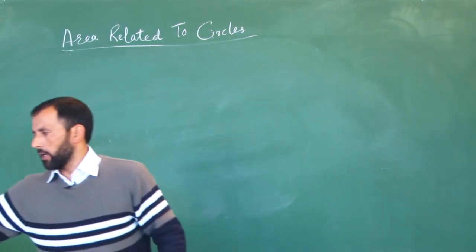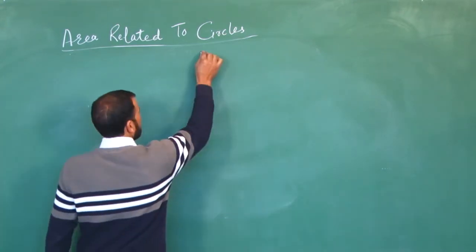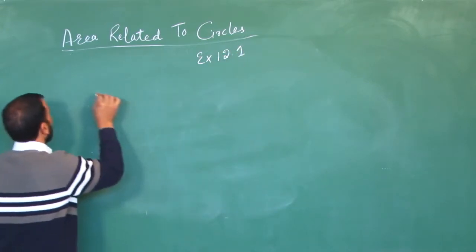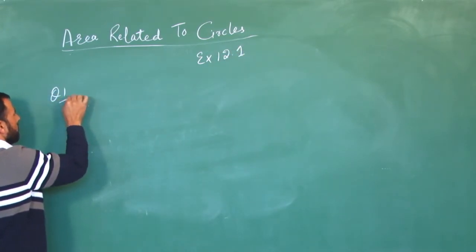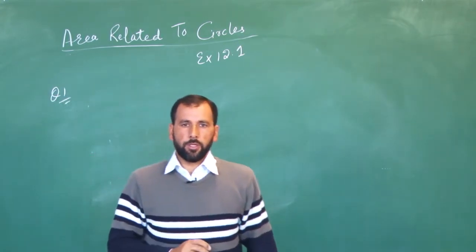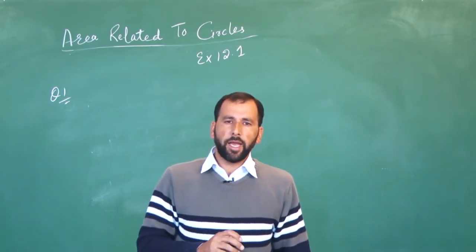Means we have here the radii of two given circles. So exercise 12.1, question number 1. We have given here the radius of two circles. R1 is 19 centimeter and R2 is 9 centimeter.